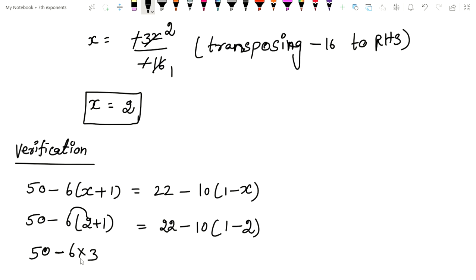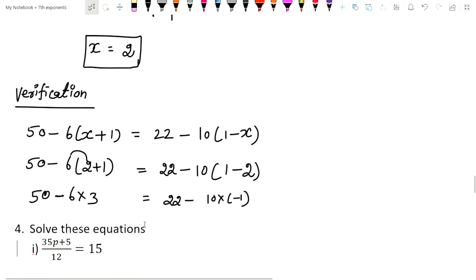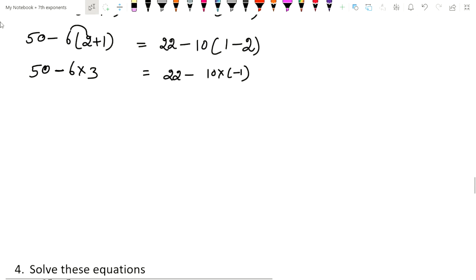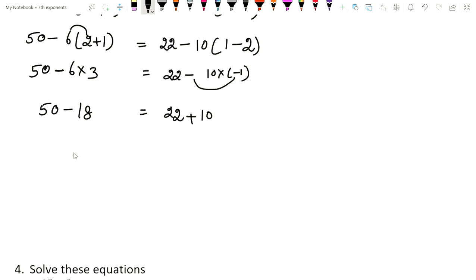Okay. 22 minus 10 into minus 1. So 50 minus 6 threes are 18 equal to 22 minus into minus plus 10 ones are 10. 50 minus 18, what you will get children? 32 equal to 22 plus 10, 32.